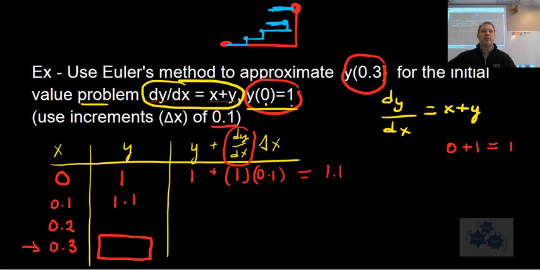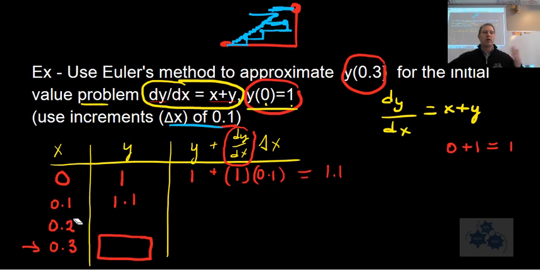If we went by a hundredth instead of a tenth, we would have all of these little pieces and maybe be even more accurate, but then we're doing it 100 times. Does that make sense? So the more steps you have, the closer the approximation will be. One step, not good. The question gives you this step, so that's what we're going to use.